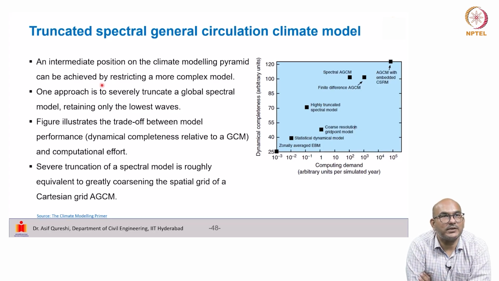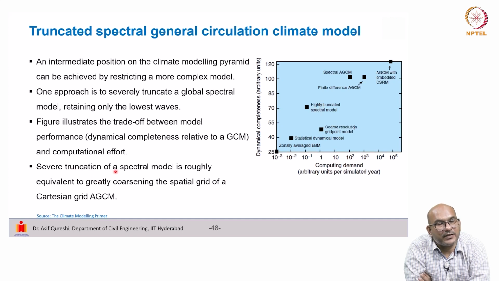One approach is to severely truncate a global spectral model, retaining only the lowest waves. So, we are looking at a highly truncated model, and this figure essentially shows the trade-off between model performance, which is the completeness relative to a full-scale GCM, and the computational effort. So, how much completeness we want and how much computational effort we can make.